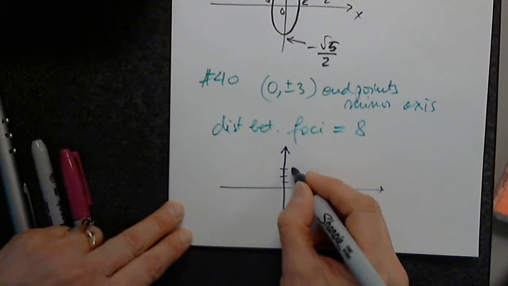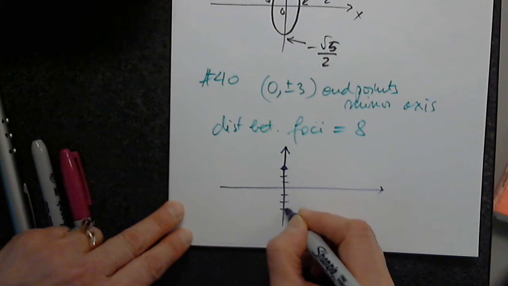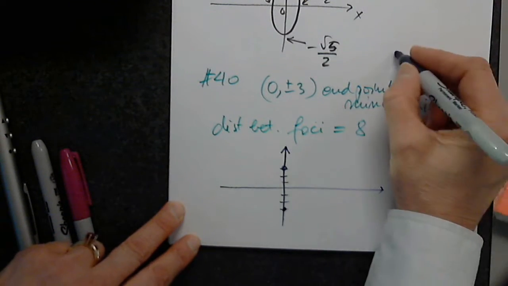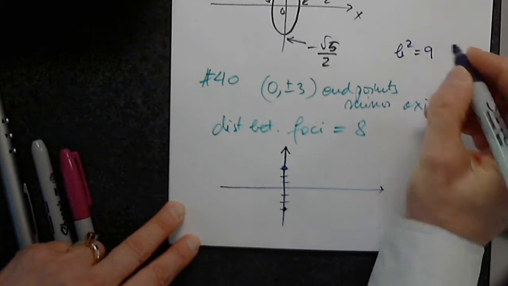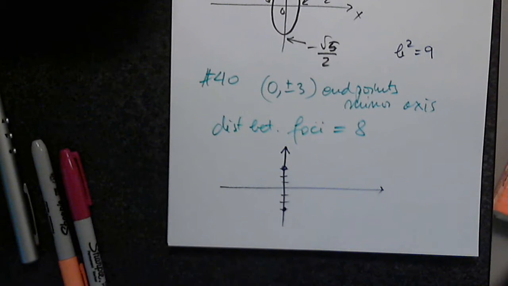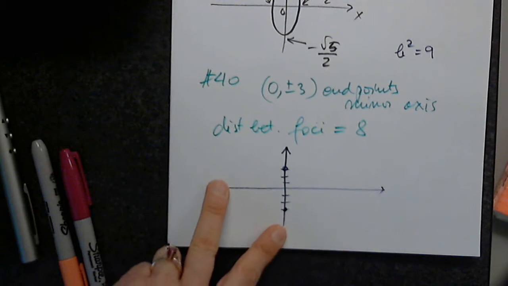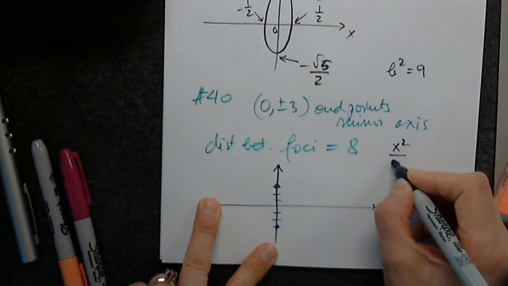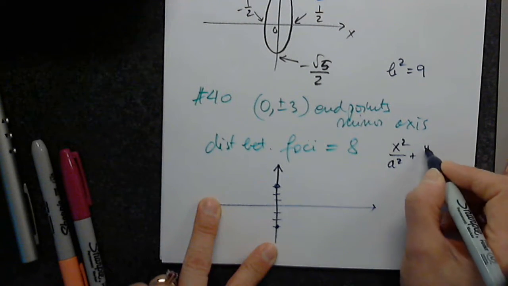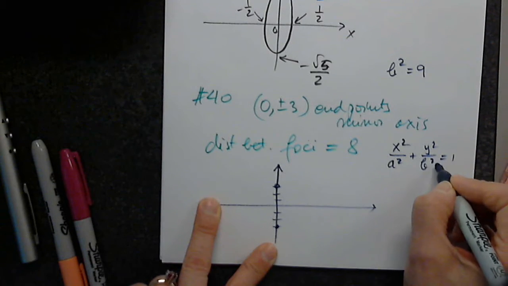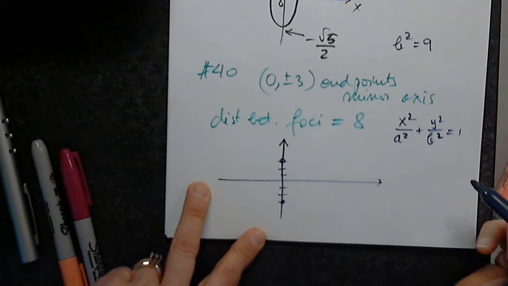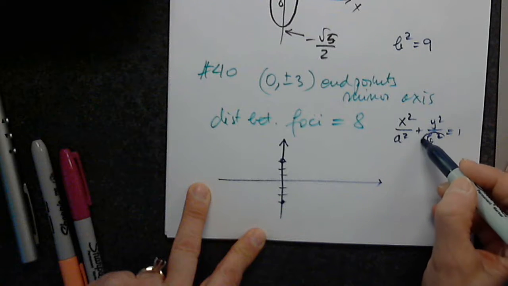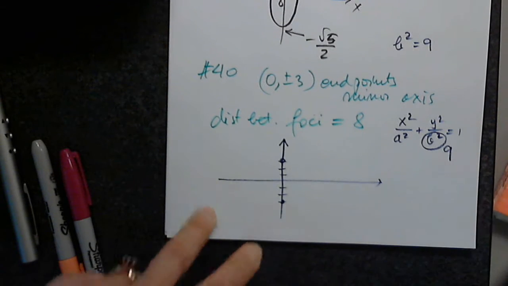Very good. So I'm going to plot them here, which means b squared equals 9. Right, okay. So I already know that x squared over a squared plus y squared over b squared equals 1. And this is clearly 9.